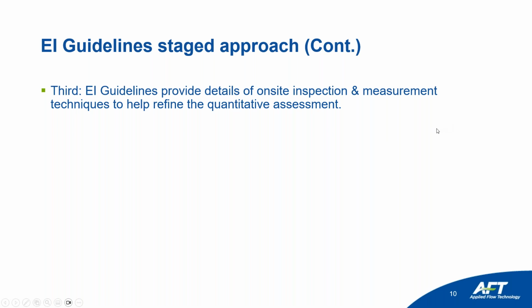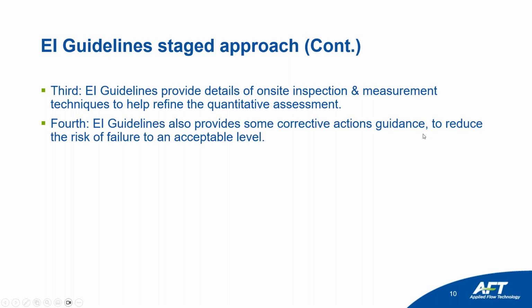Third, Energy Institute guidelines provide detail of on-site inspection and measurements techniques to help refine the quantity assessment. And fourth, Energy Institute guidelines also provide some corrective action guidance to reduce the risk of failure to an acceptable level.